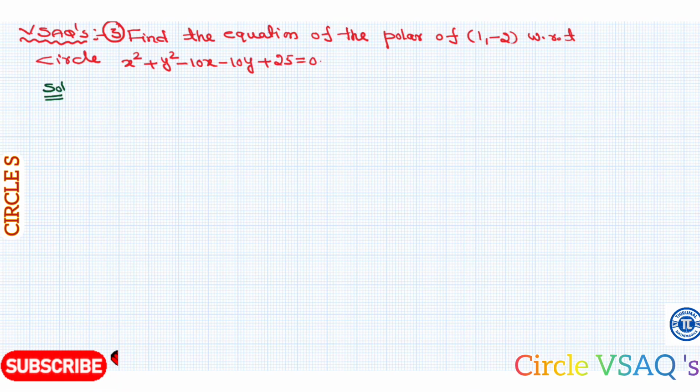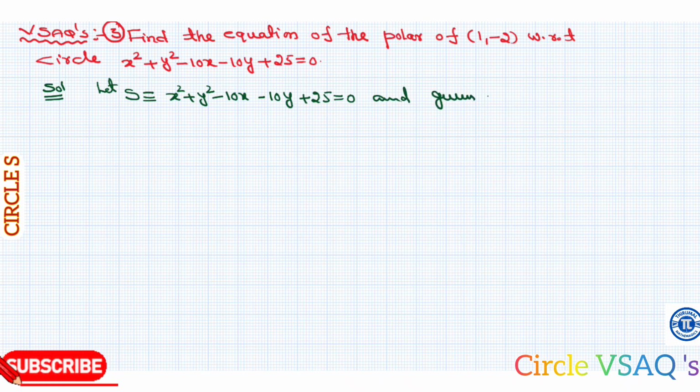Here given circle, let S equal x square plus y square minus 10x minus 10y plus 25 equal to 0, and the given point P(x1, y1) is equal to (1, minus 2). Here x1 is 1, y1 is minus 2.